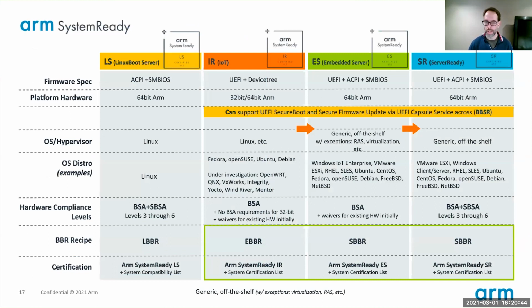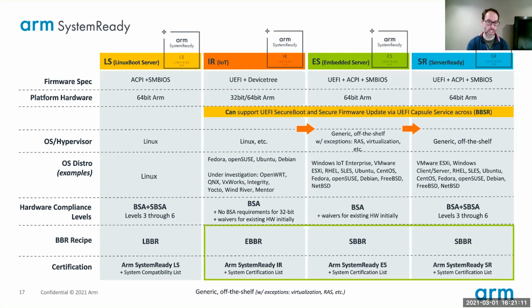One more note on the different banding. What you can see here, despite these being different bands, is that as much as possible, we're trying to use the same technology. And the arrows on this chart show that if you've done everything for IR, you've actually implemented a lot of the same technologies that are in ES and SR. And so an ES platform provides all the same firmware interfaces and more as an IR platform.